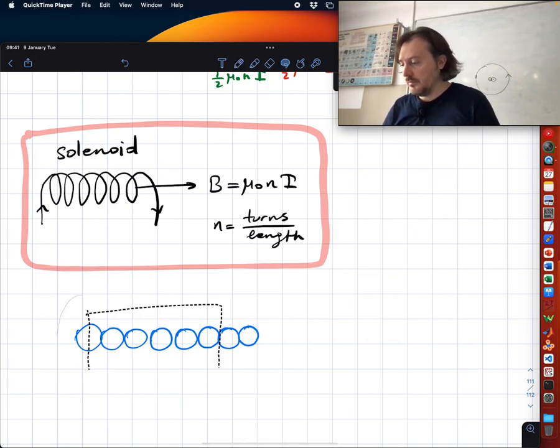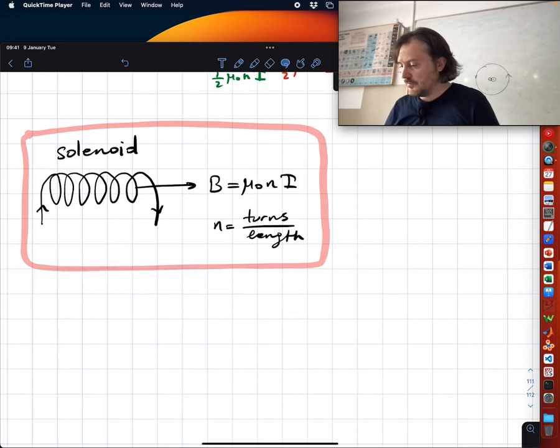You have a question? How many turns does the solenoid require in practice to match with our calculations? I don't know. But the more the better.